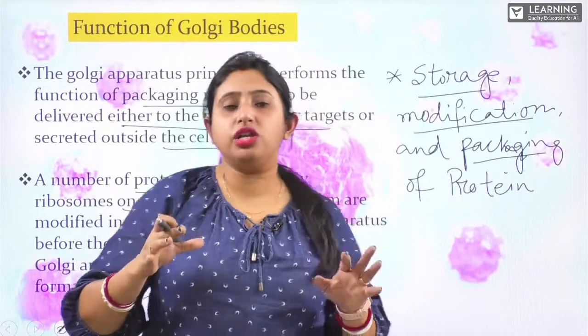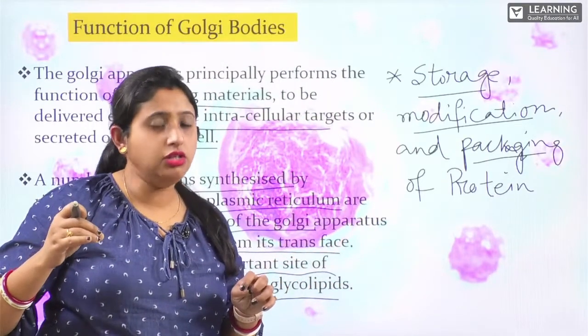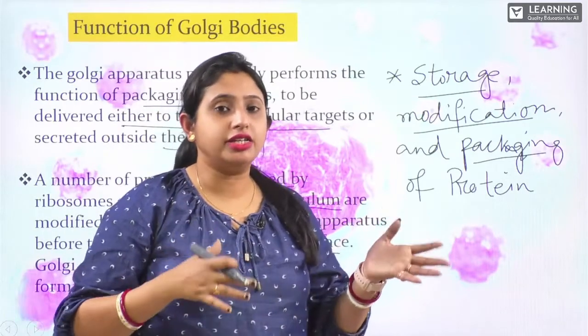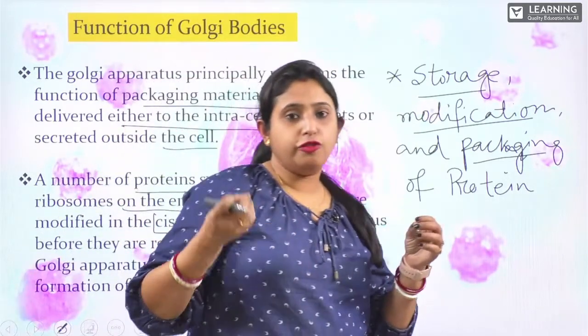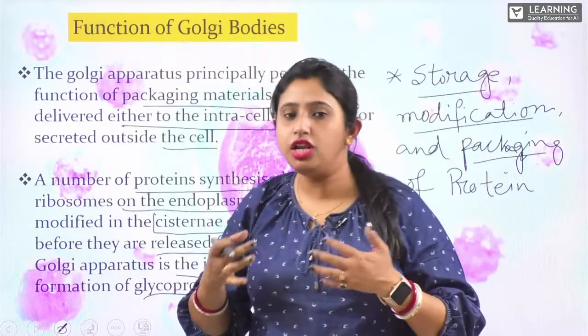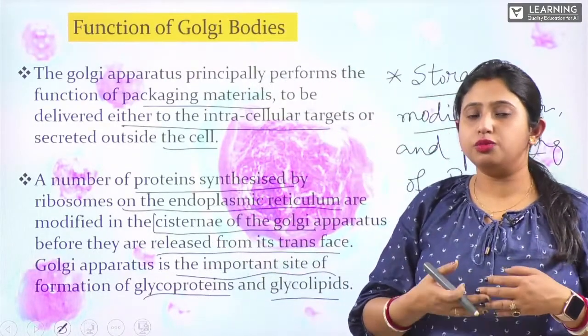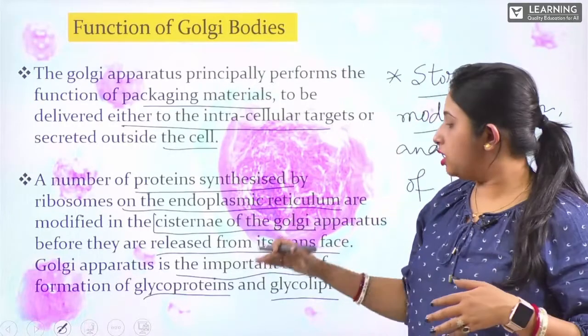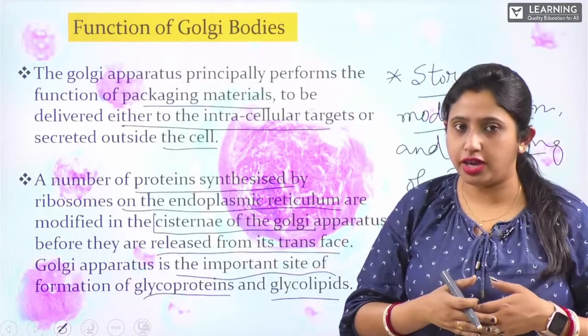Glycoprotein means the protein is attached to a sugar molecule. And if a lipid is attached to a sugar molecule, then it is known as a glycolipid.